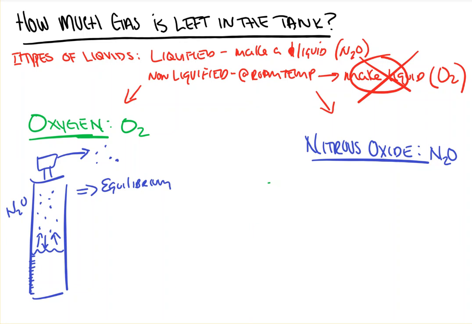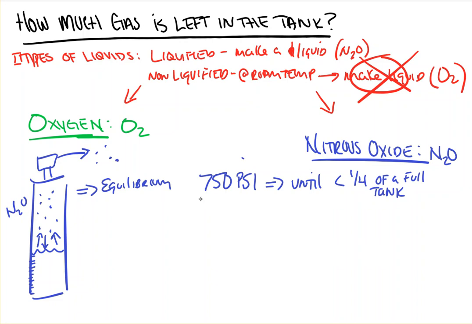As a result, it's very important to note that the pressure is not a reliable way to determine how much is left in a nitrous tank, because so long as there is liquid nitrous oxide to replace the volatile gas that left, the pressure will always remain 750 psi, always, until we are at less than 1/4 of a full tank. This is when there is no more liquid nitrous oxide left to replace the volatile as it leaves.